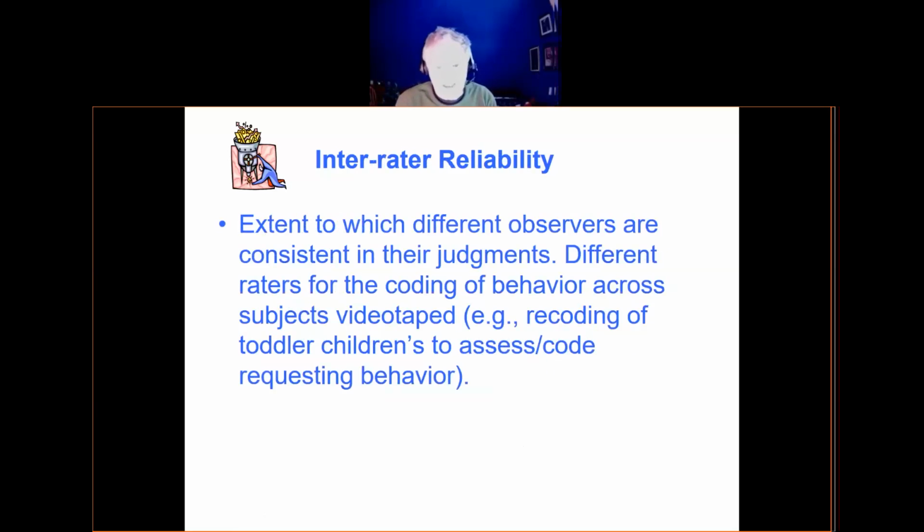Okay. And we talked about inter-rater reliability, which is more on the qual side. I remember years ago when I was a grad student, I was taking a developmental course at grad school. I ended up part of a study on requesting behavior with toddler children. We in this grad class had to watch hours of video, family recordings in people's homes, of little toddlers running around, and look at their requesting.